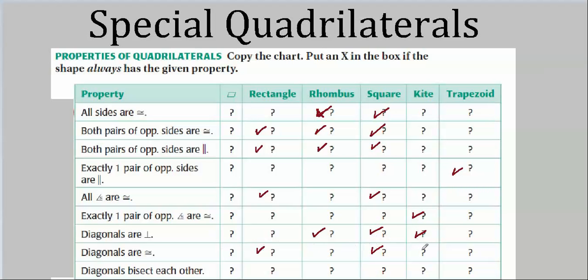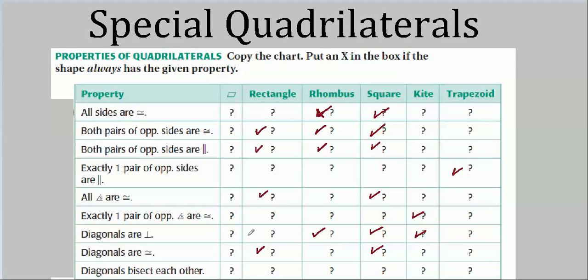No. I think we saw in the last section that diagonals for an ordinary trapezoid are definitely not congruent, only for an isosceles trapezoid. So the square and the rectangle are the two with congruent diagonals.